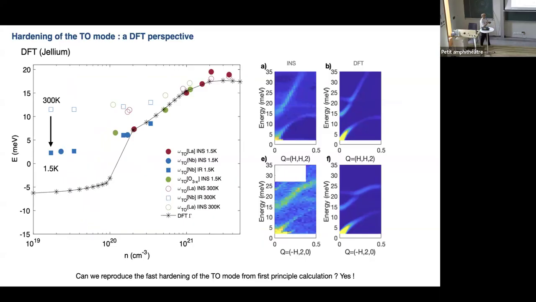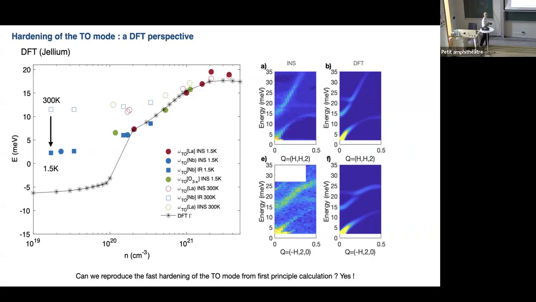And in fact, to confirm this idea, we did, in collaboration with Alaska Subedi at CPHT, some first principles calculation of the evolution of the omega TO versus the carrier density. So here you have the data that I just discussed. You have the 2 meV that's increasing and then saturates at about 15 meV. And the black crosses here correspond to the calculation.